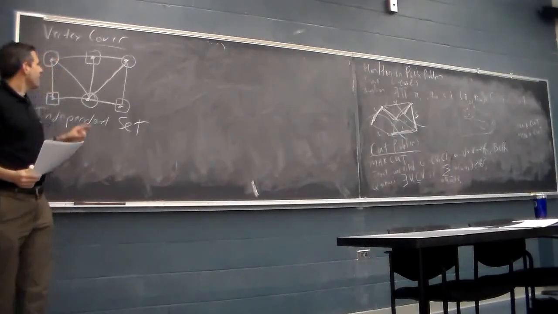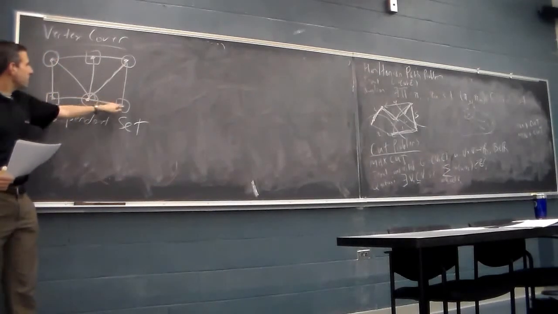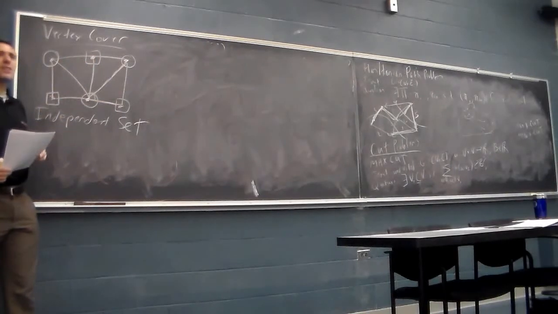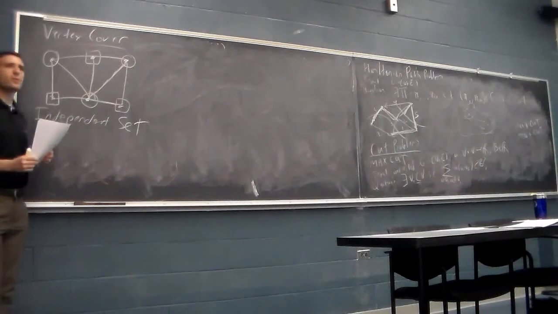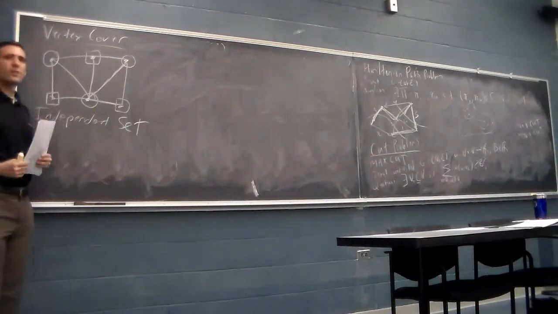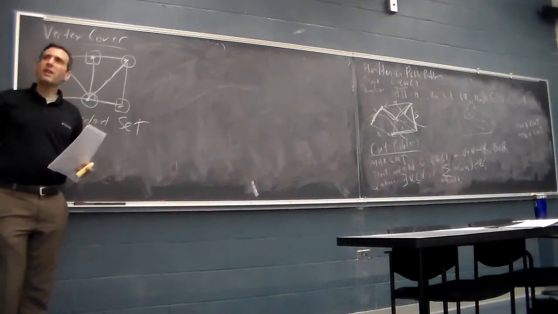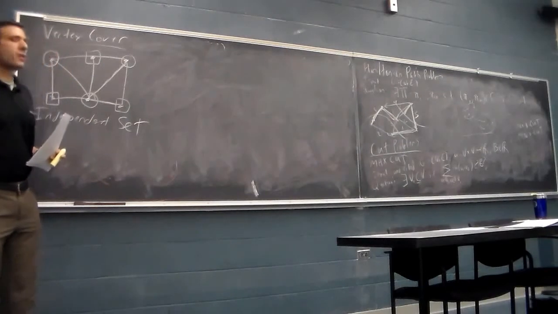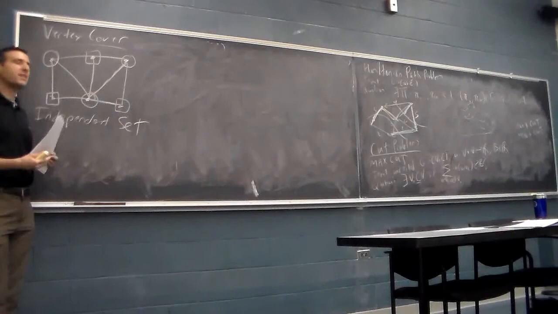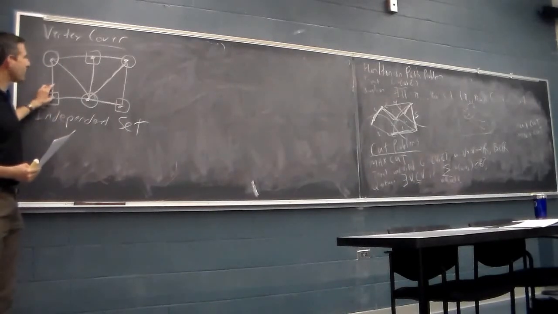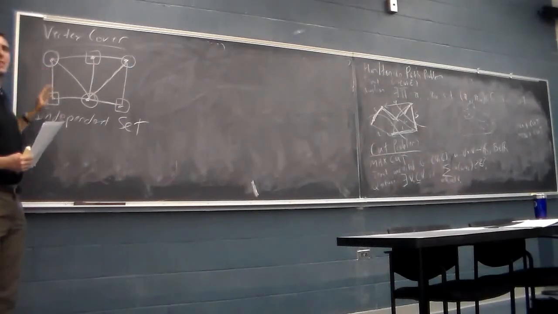Now you might notice here that when I put the independent set on top of the vertex cover, the independent set is exactly the nodes that aren't in the vertex cover, and that's going to be true in general. If you have a vertex cover of a graph, the nodes not in the vertex cover constitute an independent set, and vice versa. If you have an independent set, the nodes not in the independent set constitute a vertex cover.